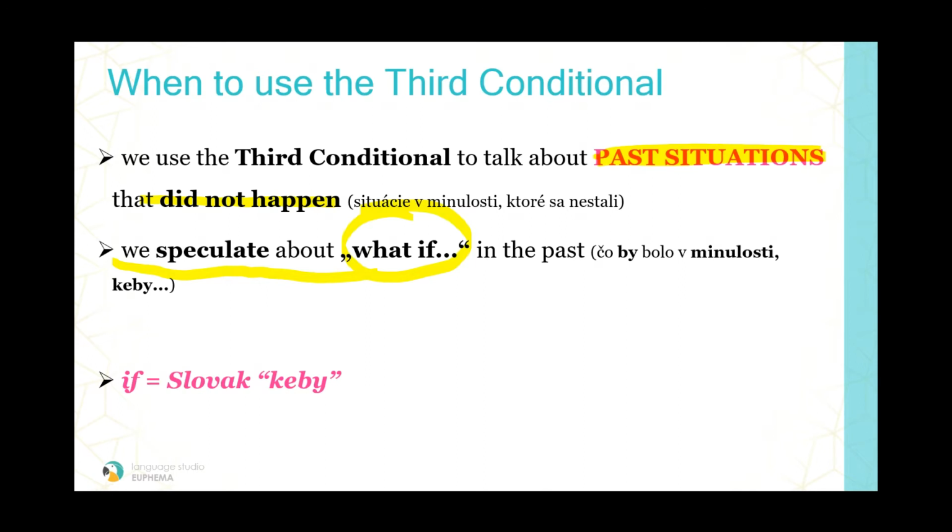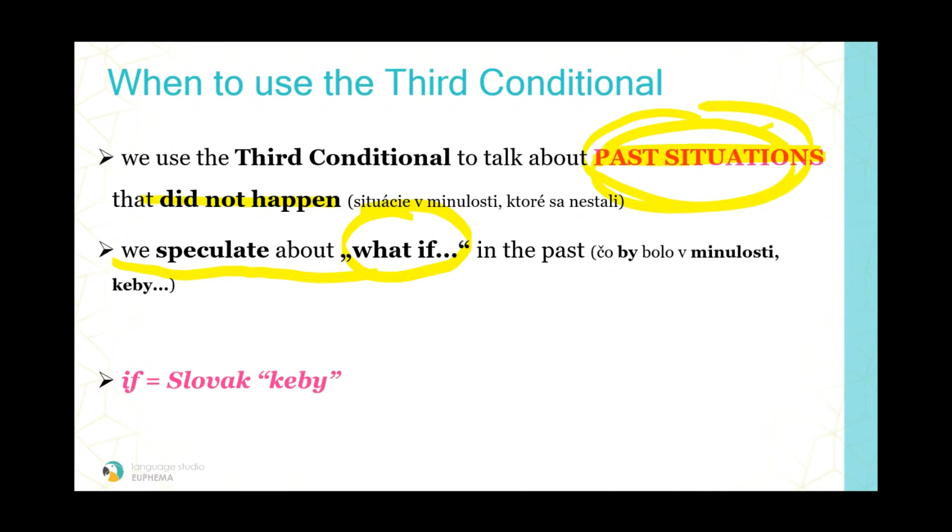I like to compare the first, second, and third conditionals to a family, where first and second conditionals are like brothers, and the third conditional is their cousin. Why? Because first and second conditionals are about present or future situations, whereas the third conditional is about past situations.